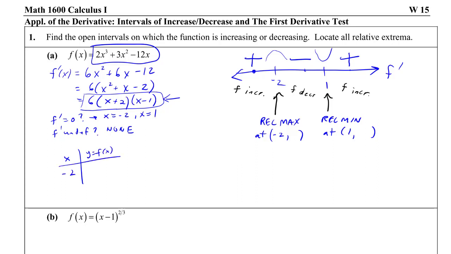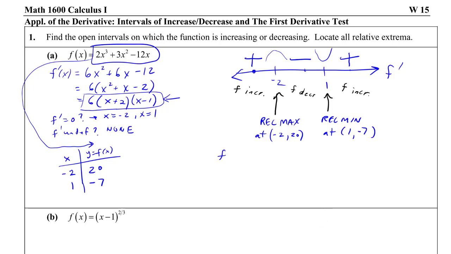For -2 and 1, if I plug -2 into this function, you're going to find out you get 20. If I plug 1 in, you're going to get -7. So I have (-2, 20) and (1, -7).